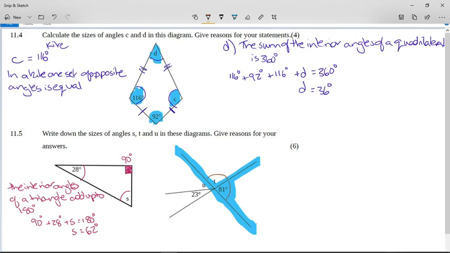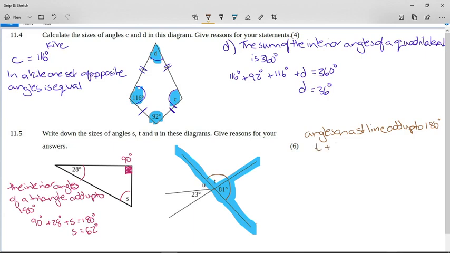So on a straight line, I can say angles on a straight line add up to 180 degrees. Now you can also say they're supplementary, but remember sometimes people get confused between supplementary and complementary. So the easiest thing is to say, okay, I know they add up to 180 degrees.